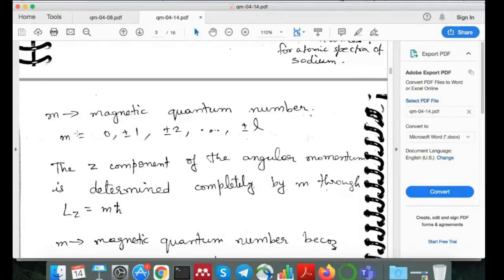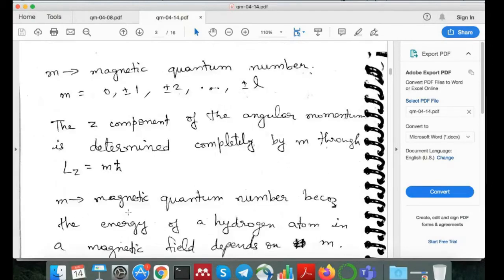This M value tells us the Z component of the angular momentum. Lz is nothing but m h cross. So if you want to know the Z component of the angular momentum, all you need is the value of M, and with that you can determine it, which is m times h cross.